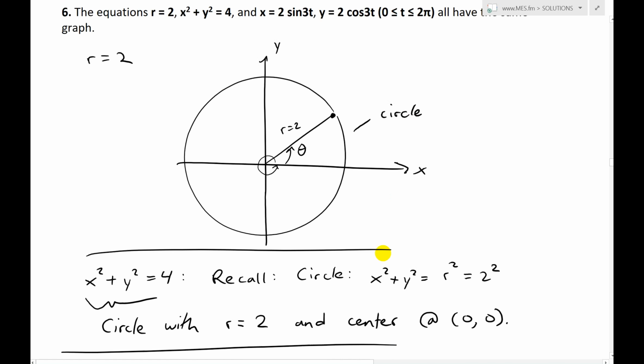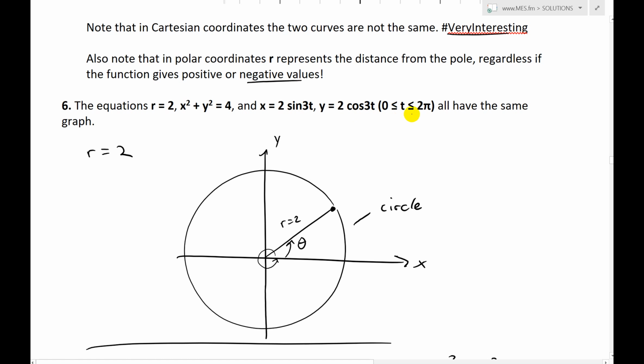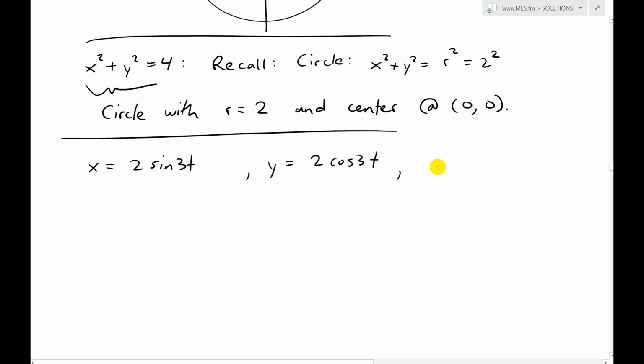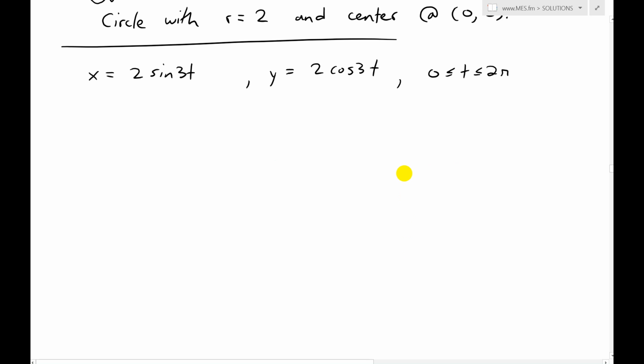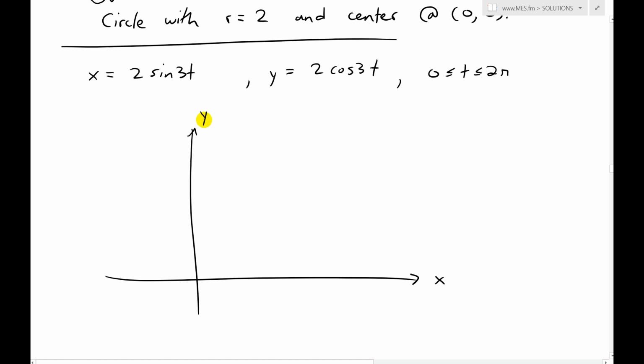Now if we were to graph this out in Cartesian coordinates, we have x and y, like this. And if we have this point right here as our x and y, this equals just 2 sine 3t and 2 cosine 3t.